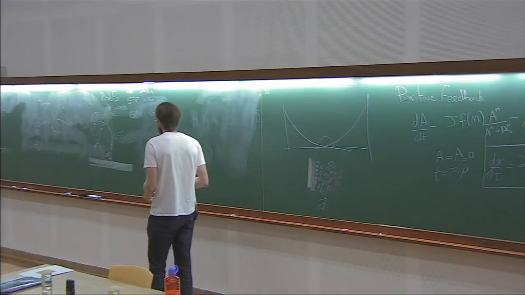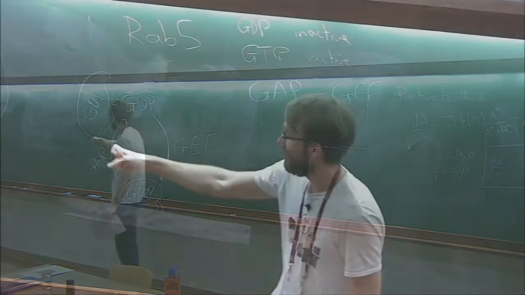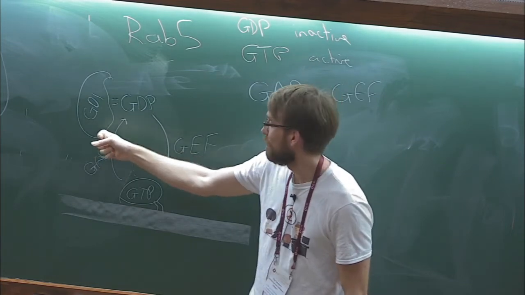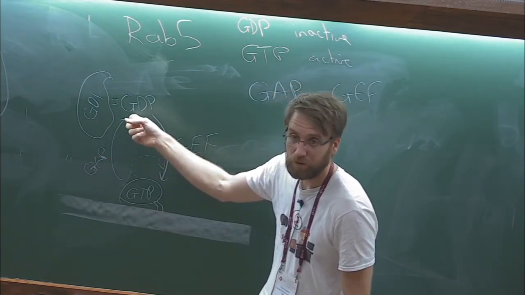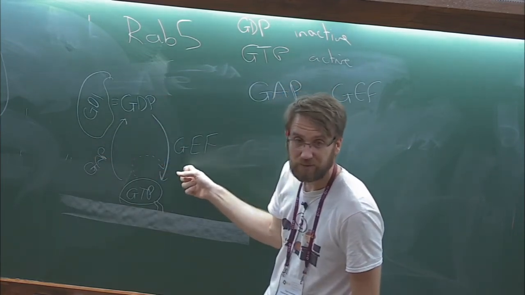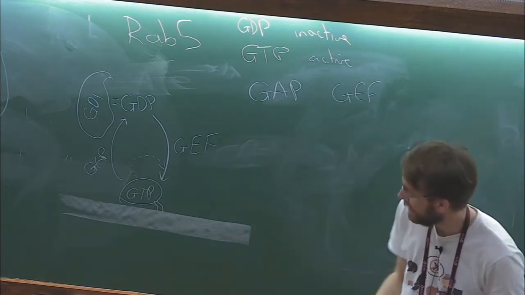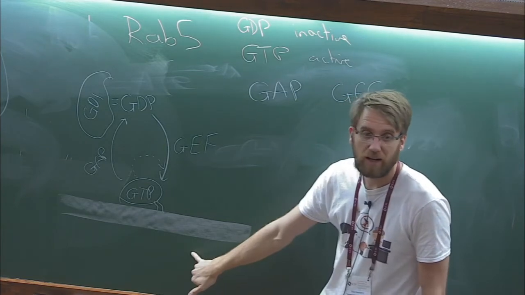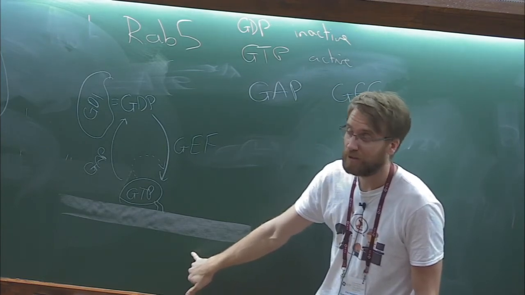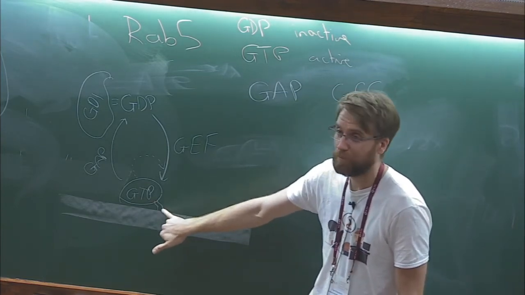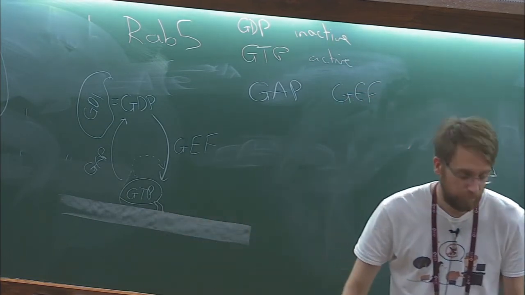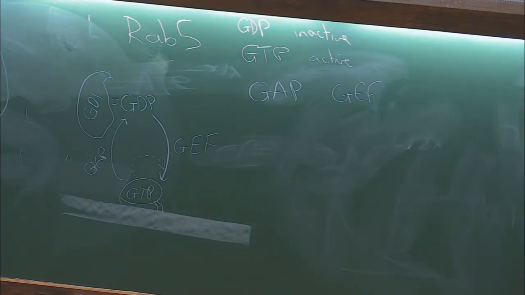And so what he did was purify the GDI, purify the GTP form of Rab5 and the GEF. And the key thing, which people have done before, but what they hadn't done is do it with a supported lipid bilayer, because the binding of the GTP form to the membrane is essential for its function, and so for its stability as well.